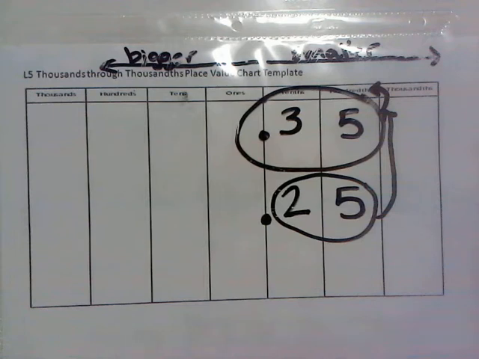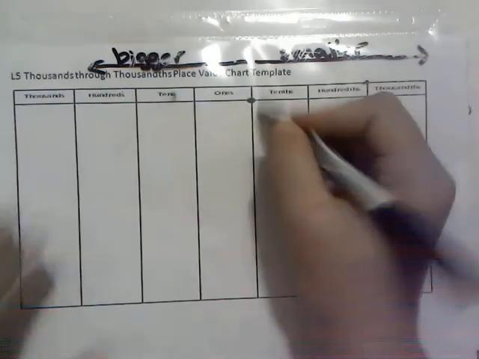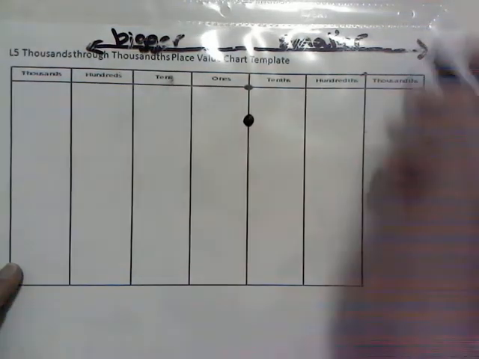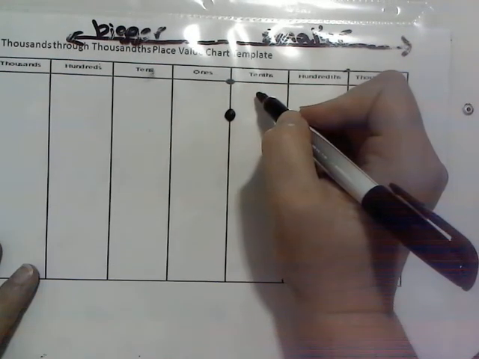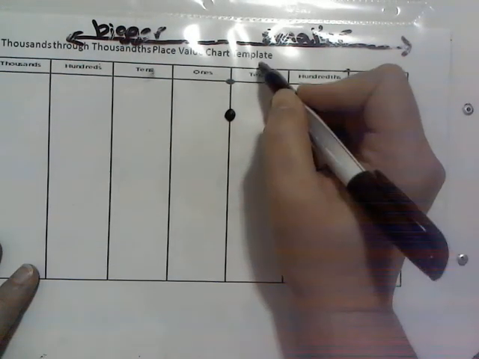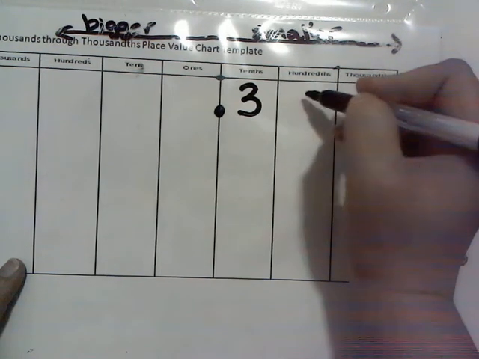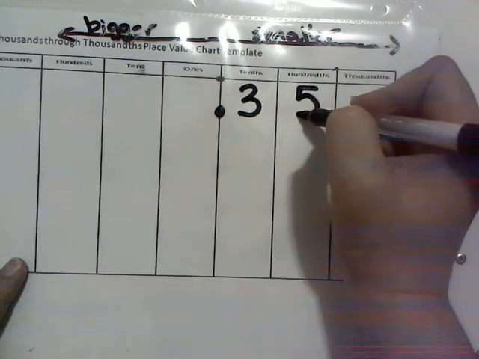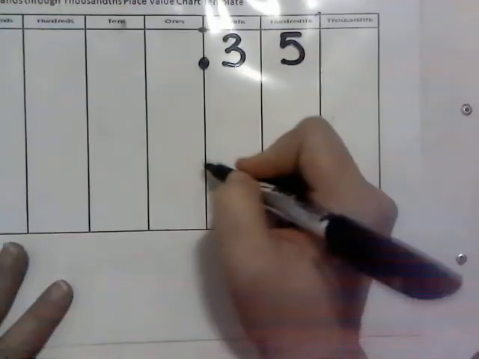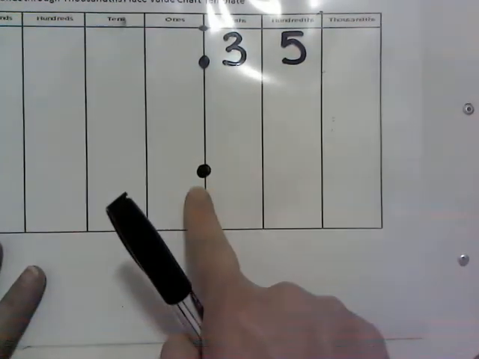I'm going to use my place value chart to figure this out. So it had a decimal point. The digit right after your decimal point, we call that the tenths place. And the digit after the tenths place is in your hundredths place. The other second value, here's our decimal point.